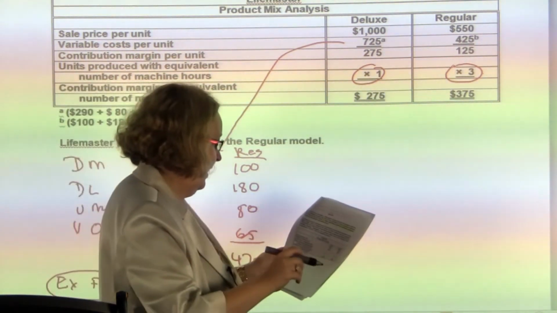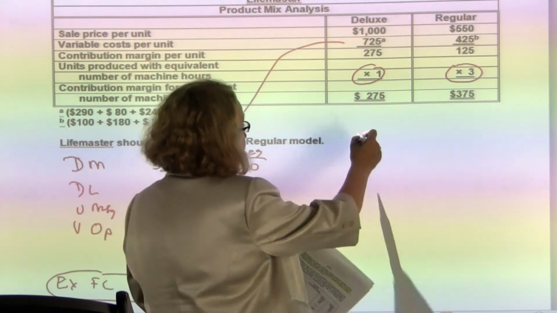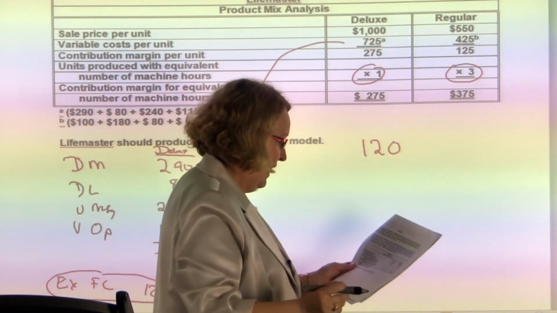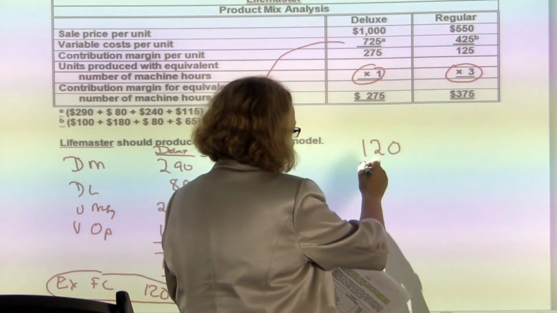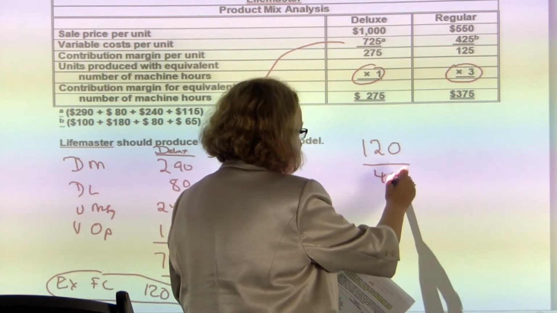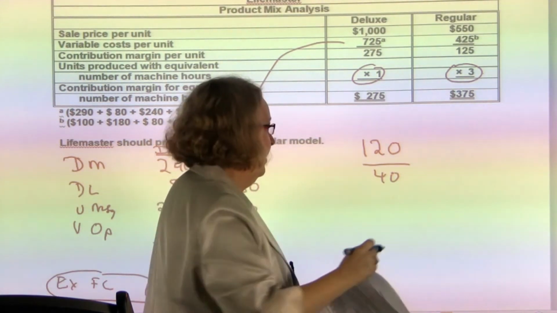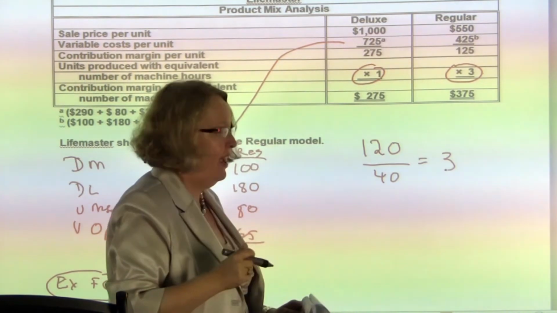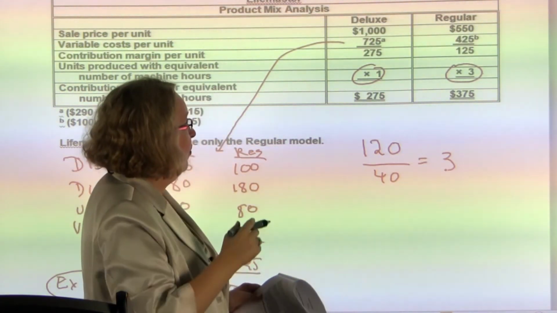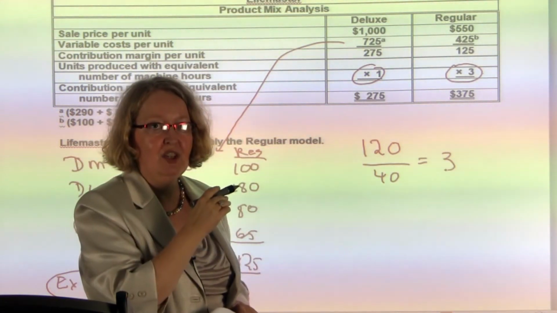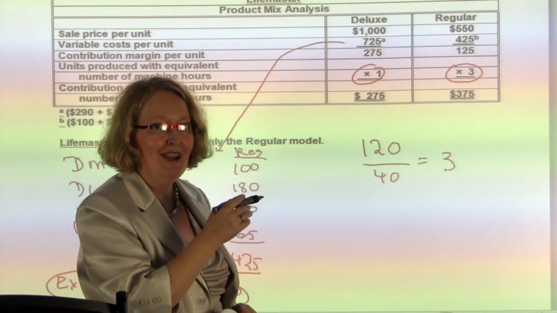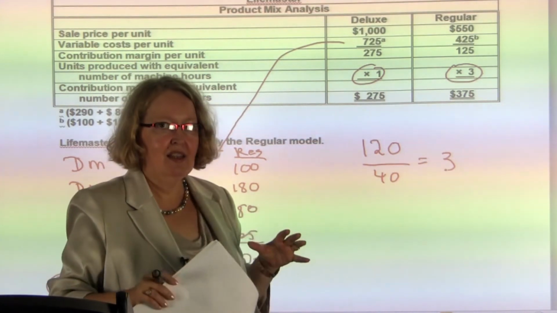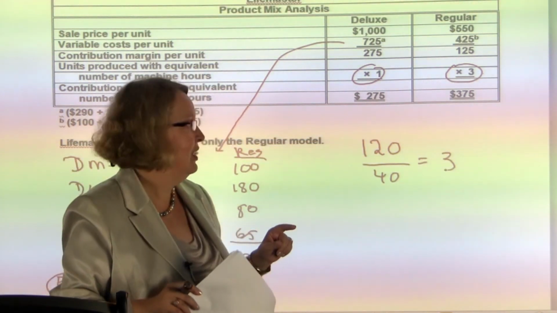So we see our fixed overhead for the deluxe was $120, and we had $40 for the regular model. So basically what this is telling you is for every one deluxe model you can make in a machine hour, you can actually make 3 regulars. So what you're looking at is maximizing the contribution margin per machine hour.